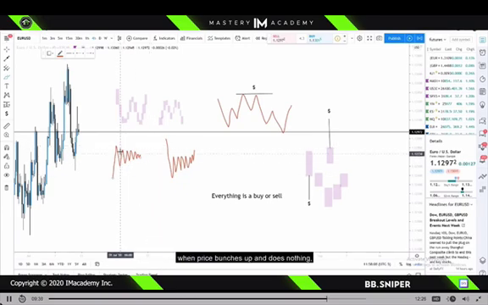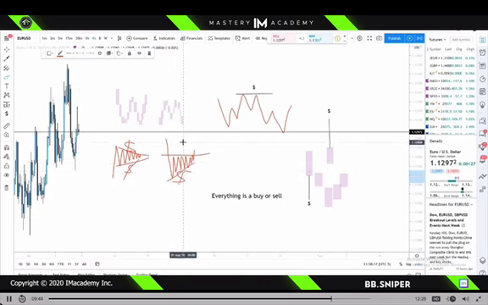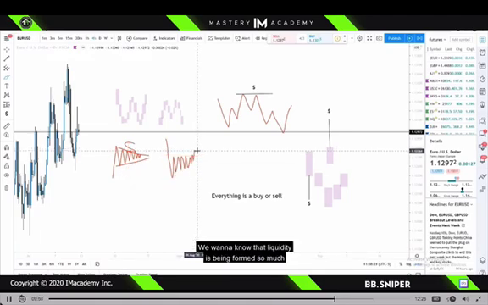When price bunches up and does nothing, it's getting ready to make the move. Liquidity, just like that. Okay, we want to be prepared when the markets are winding up. We want to know that liquidity is being formed so much, and we want to be patient.